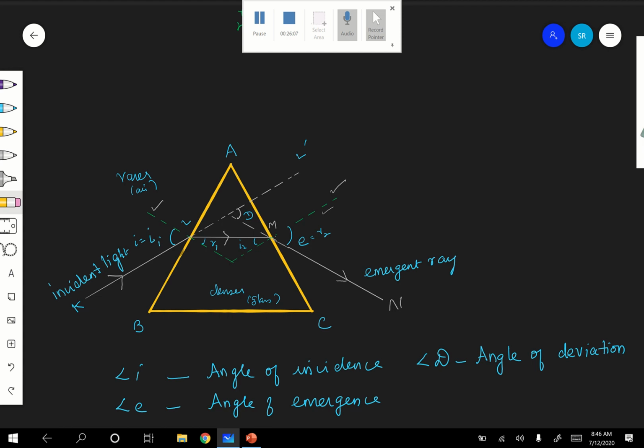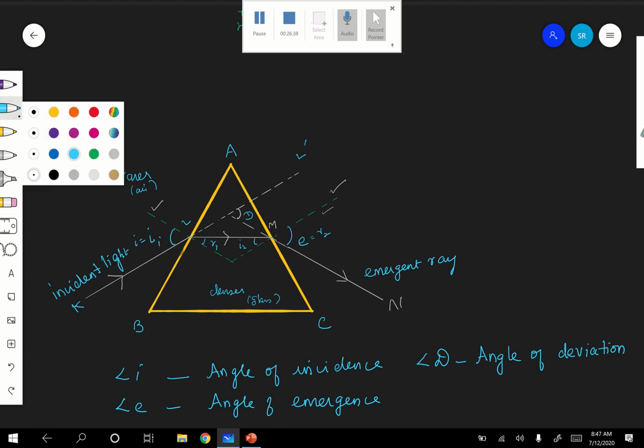If I take different refractions, then you can take I1, R1, I2, R2. Together, the full refraction of light through the prism means angle of incidence you can take as I and angle of emergence you can take as E. Hope you are following me. Okay, and what about A here? This is very important, children. See what is A here?